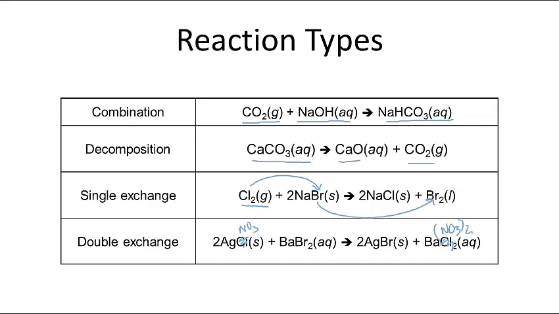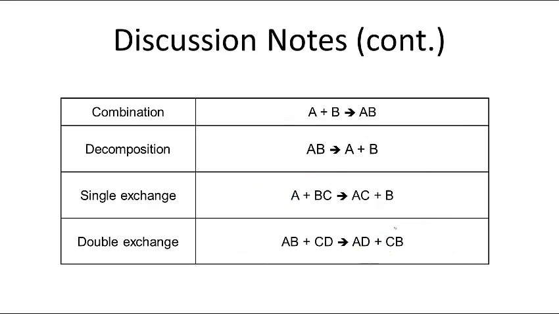Sorry about that. Okay, so we have a solution of silver nitrate plus a solution of barium bromide comes together, and we get that solid that forms and a solution left. Again, here are the general ways of doing it. I think you have these all written down before.